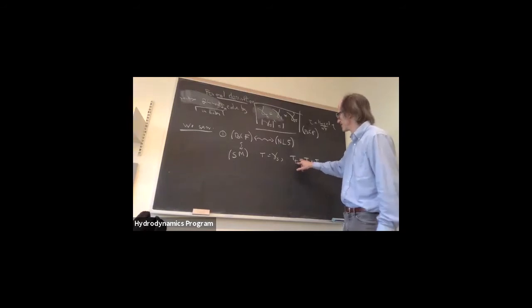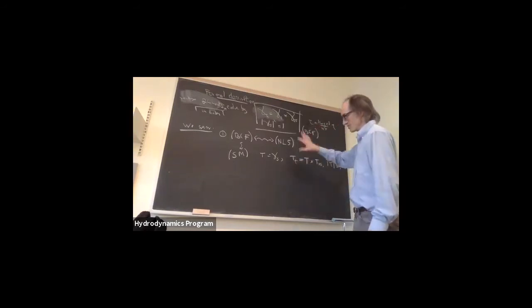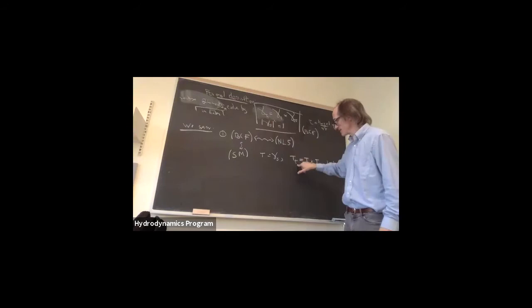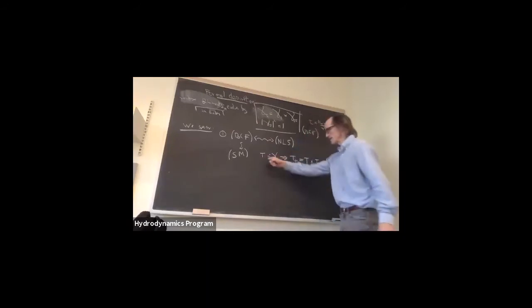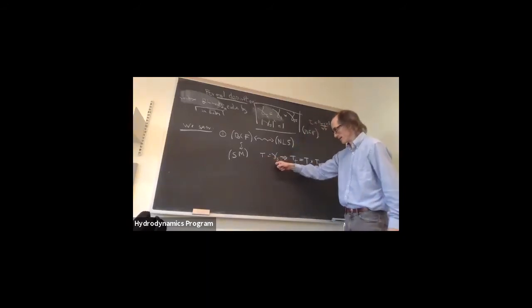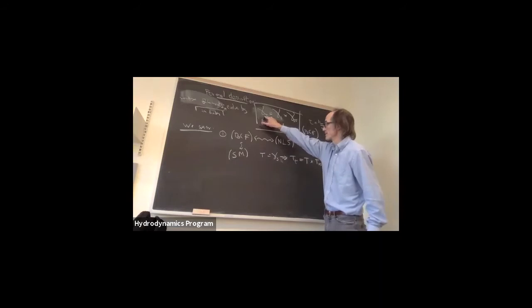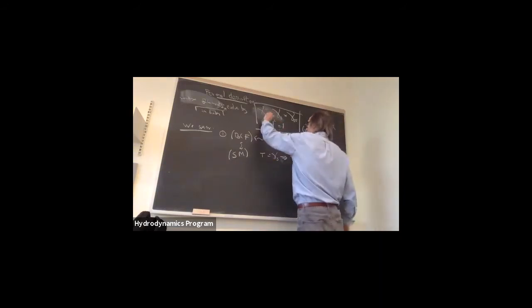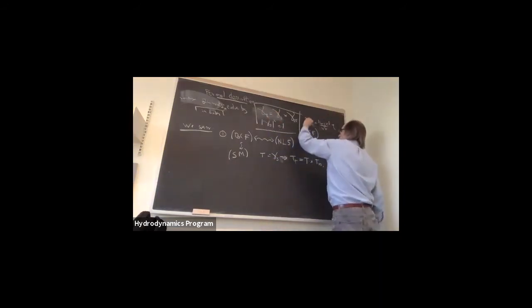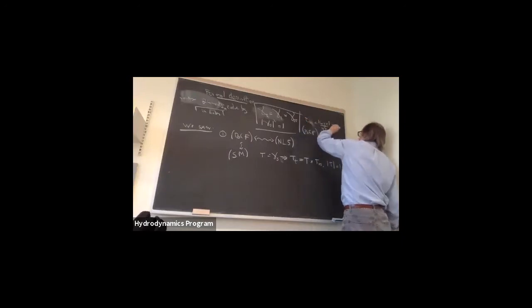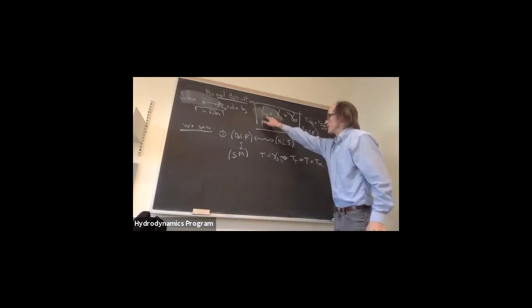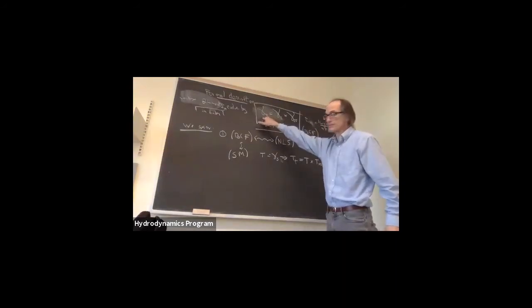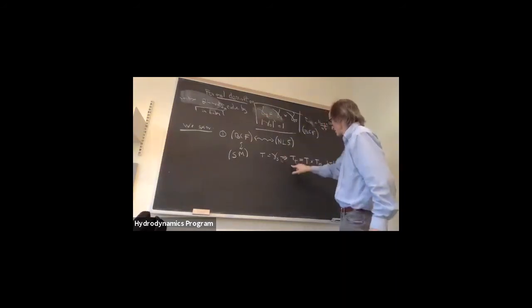So let's go back to calling this t for time variable. So if I let T be the unit tangent vector, then just by differentiating this equation with respect to s, I'll get this equation.